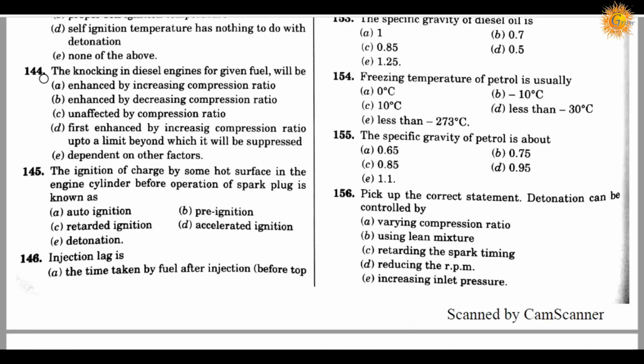Question number 144. The knocking in diesel engine for a given fuel will be option A, enhanced by increasing compression ratio, option B, enhanced by decreasing compression ratio, option C, unaffected by compression ratio, option D, first enhanced by increasing compression ratio up to a limit beyond which it will be suppressed, and option E, dependent on other factors.